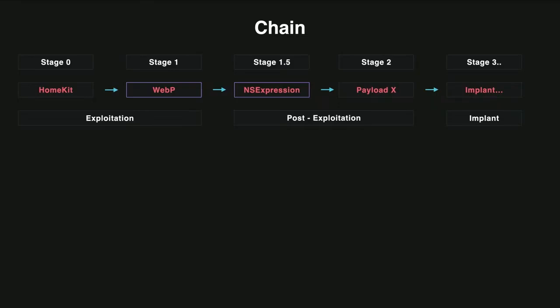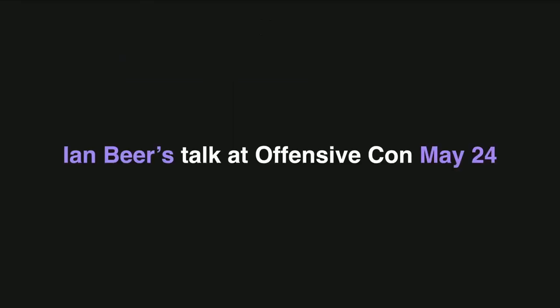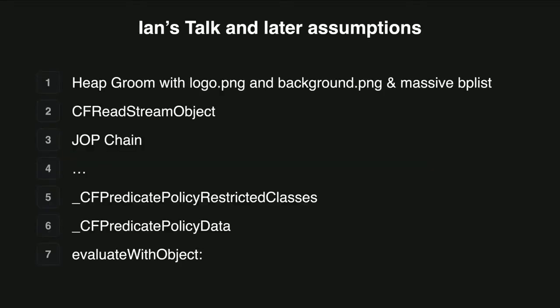So at that time, I was also chatting a lot more with Ian, and he's a lot more interested in the first part of the chain, like how the code execution got kicked off. And this is what his talk at OffensiveCon in May also focused on. And based on his talk, we now know that there was a heap groom with the logo.png and the background.png and a massive binary plist that then used the CFReadStream object to store the JOP chain. And if you look at the sample in the right format, you can actually very, very clearly see that JOP chain and some part of what it's trying to do.